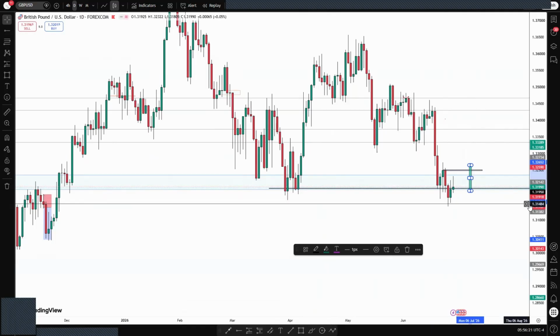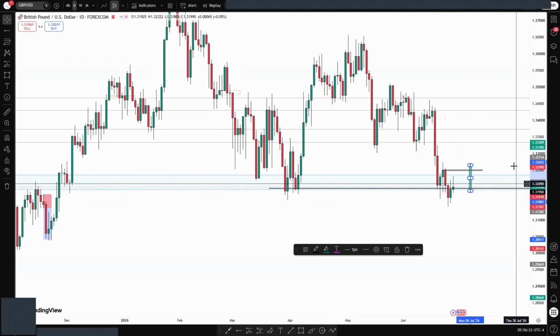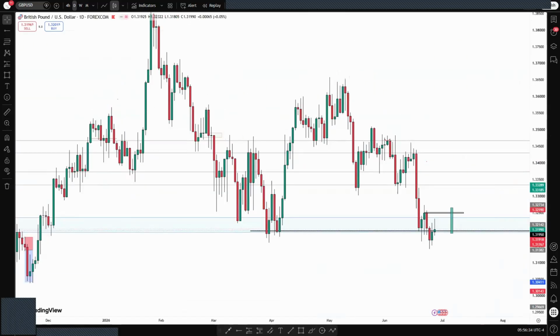Then I'll believe that okay, we are going somewhere. And then I'll take this trade back to its right position, which is this level here.